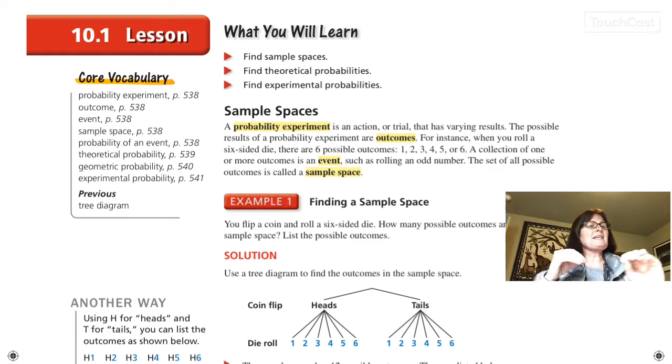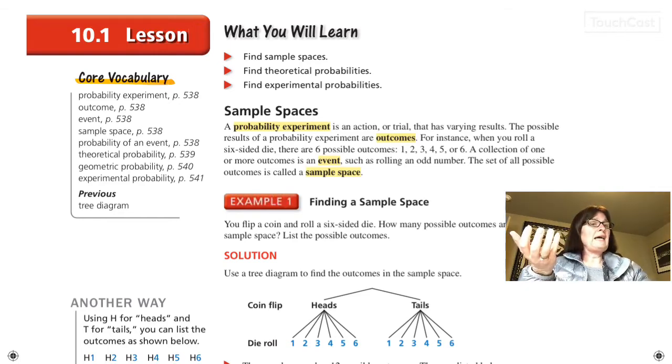If we're talking about vocabulary that we're going to use, the ways that things could happen, the possibilities, are called the outcomes. A list of all the possibilities is called a sample space. And an event is just like one thing that happens. So you flip a coin and get a heads, or you roll a die and get a 6. That's an example of an event.